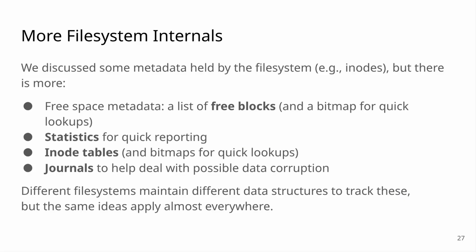Now, let's talk a bit about other internals of a file system. We talked about inode tables, which can contain the inodes that make up the files on that file system. But there are also other things, for example free block bitmaps. A bitmap is something where you set just one bit, not a whole byte, to 1 or 0, and that can tell you quickly, just by looking at this map of bits, if something is allocated or free.